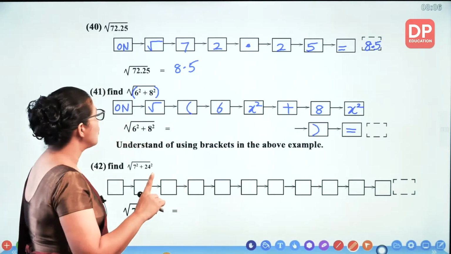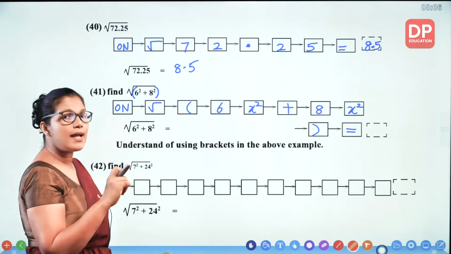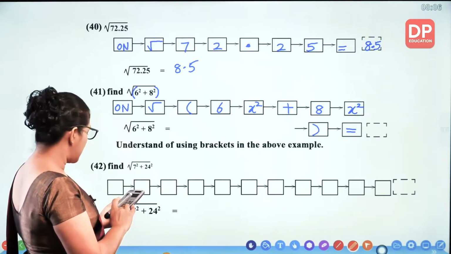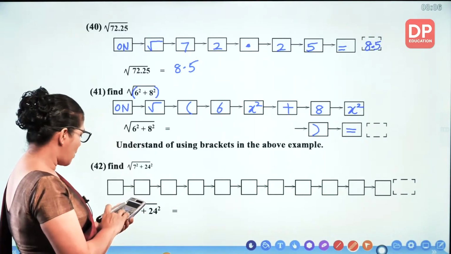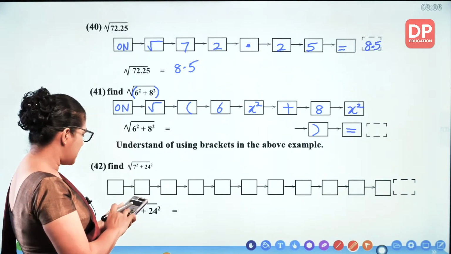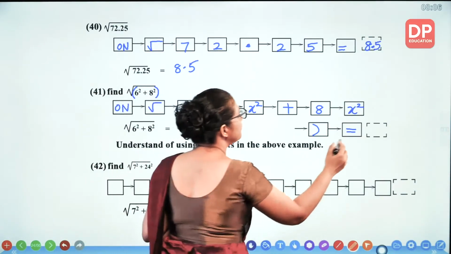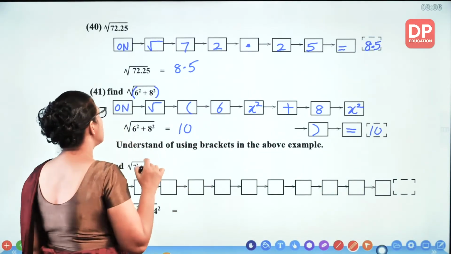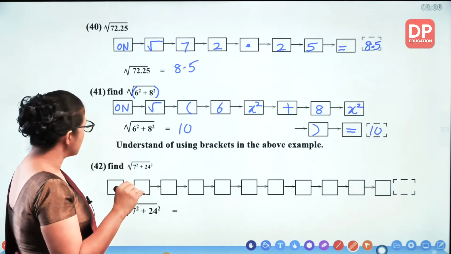So make sure that you put brackets when there are several numbers inside the square root sign. So I get the square root of 6 squared and 8 squared is 10. The answer is 10. Understand how you use the brackets.